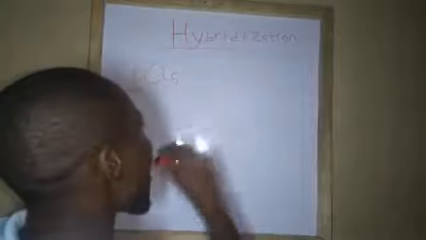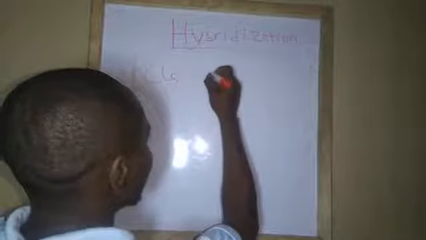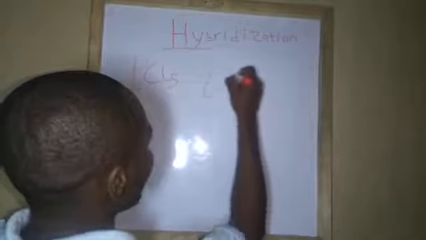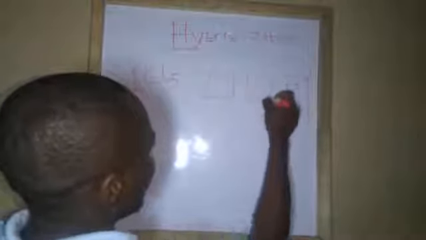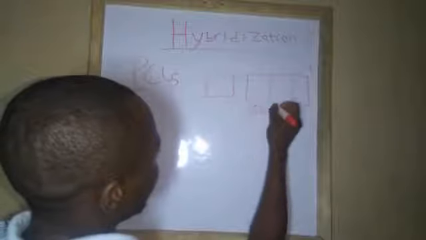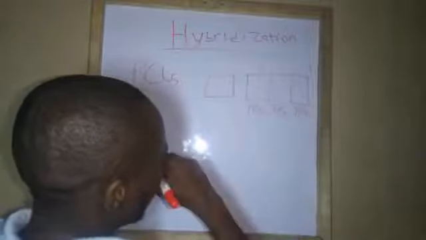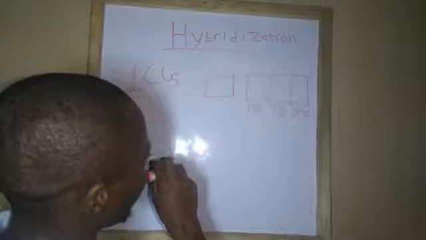So 3s2, 3s will give us this one. Now this 3p: 3px, 3py, 3pz.